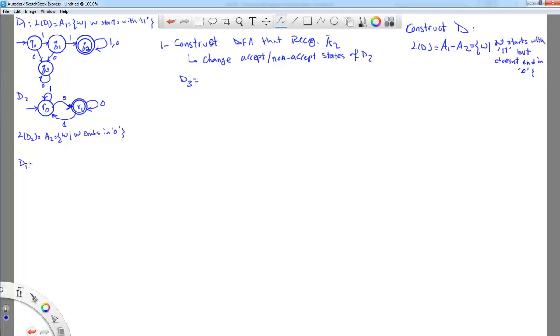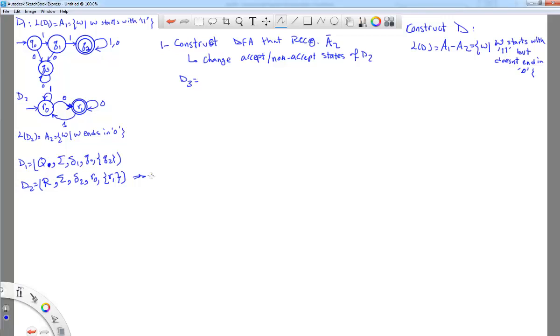So D sub 1 is effectively Q sub 1, sigma, delta sub 1, Q sub 0 and the set Q sub 2. And D sub 2 is, let's call this R, sigma, delta sub 2, R sub 0 and R sub 1.